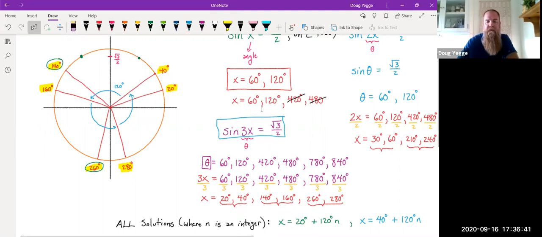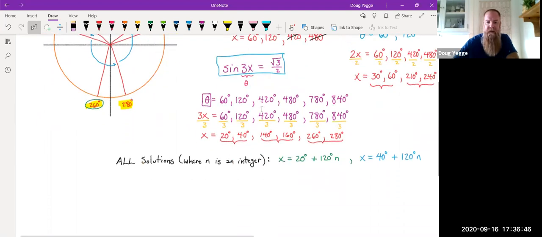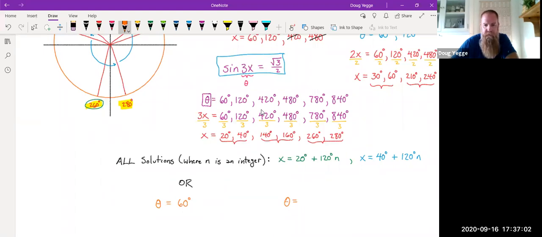We could also use the other method, which is basically just recognizing that in the first rotation, the only answers were theta equals 60 degrees or theta equals 120 degrees.